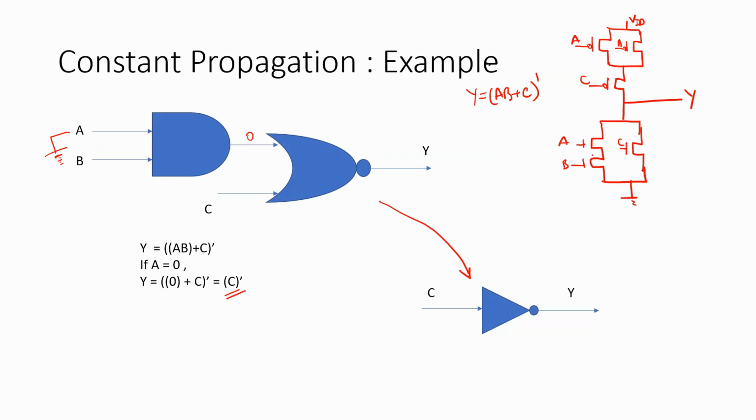So A and B are in series in the pull-down, so A and B are in parallel in the pull-up. The series combination of AB is in parallel to C, so the series-parallel combination of AB is in series to C. So this is the entirely dual pull-up network. So this is the equation for Y realized in terms of CMOS gates. So how many transistors are there? We have 1, 2, 3, 4, 5, 6. 6 MOS transistors.